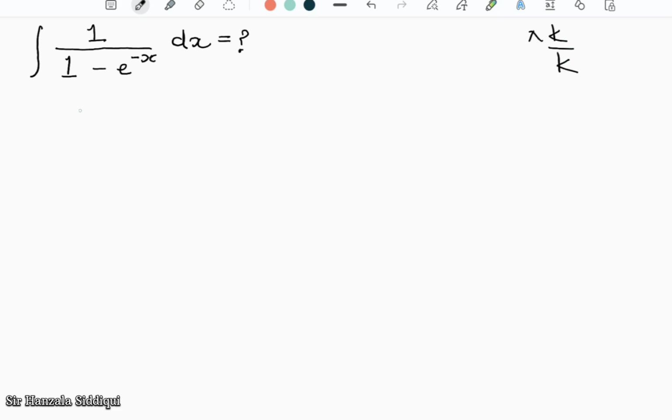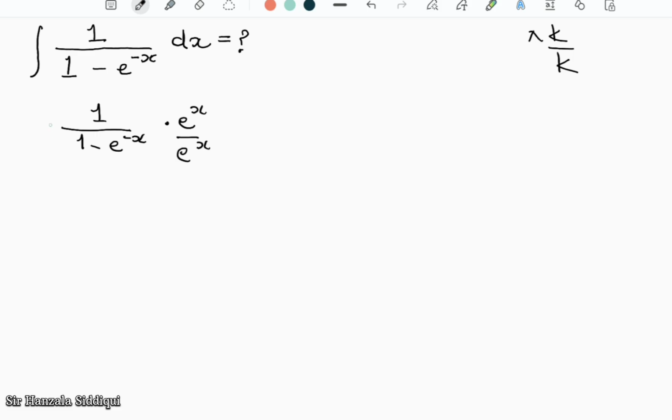That means we write 1 over 1 minus e to the negative x, and this should be multiplied by e to the x and divided by the same, e to the x.